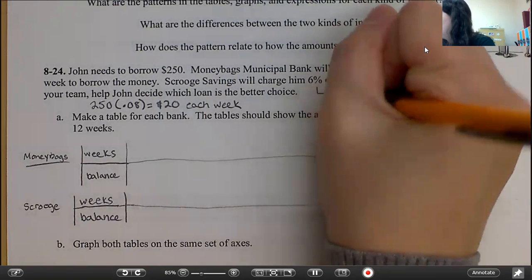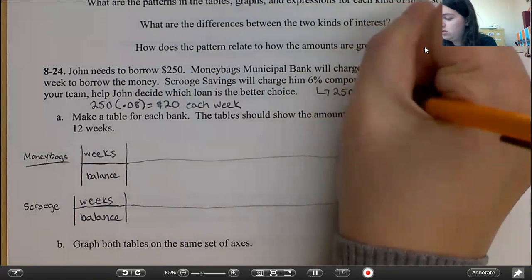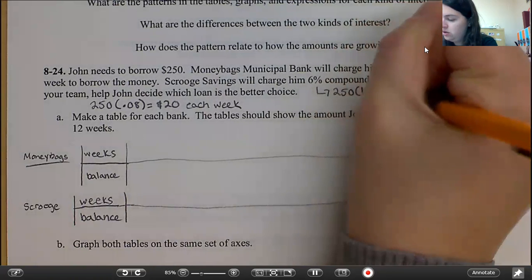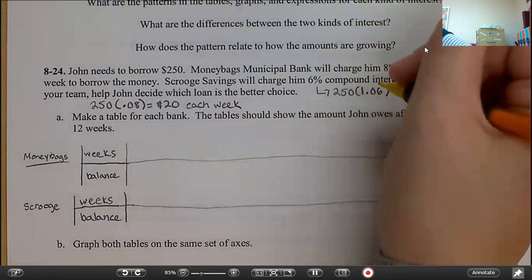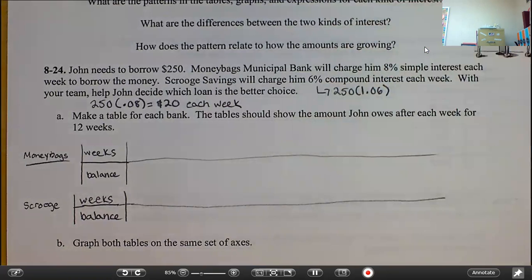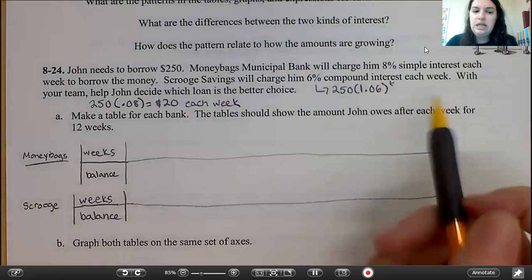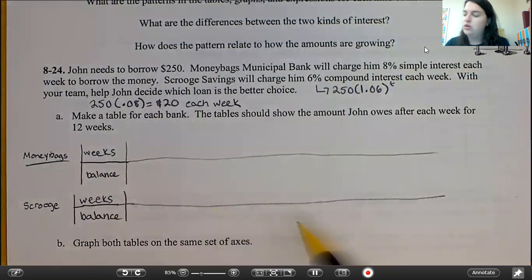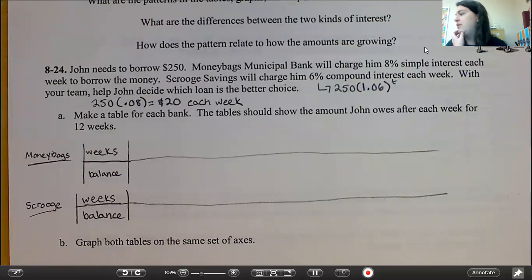But for your compound interest, you need to do $250 times 1 plus your interest, to the number of weeks. So that's t, because you don't know how many weeks yet. You're trying to figure that out. Okay? So now use that to help you fill in your table.